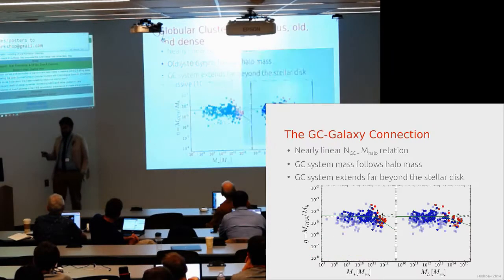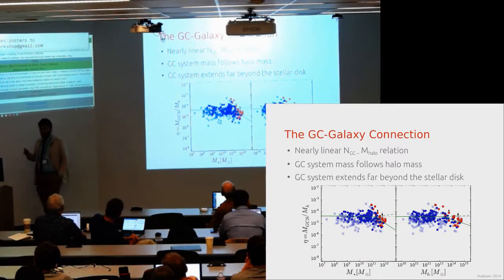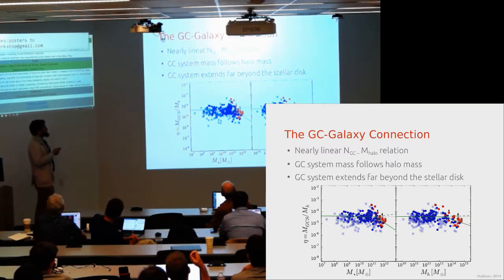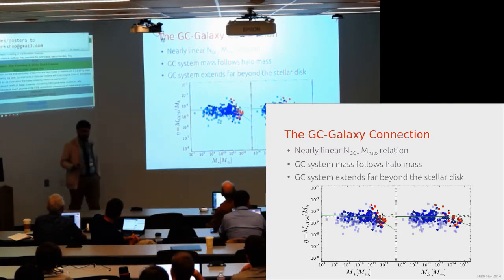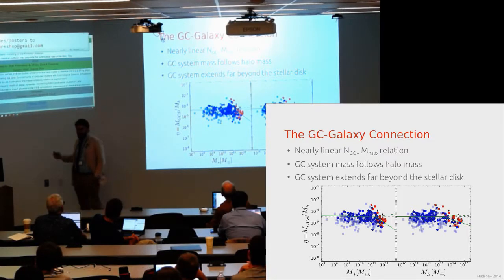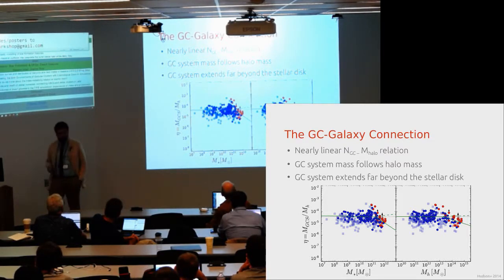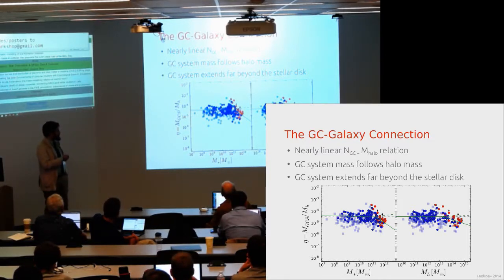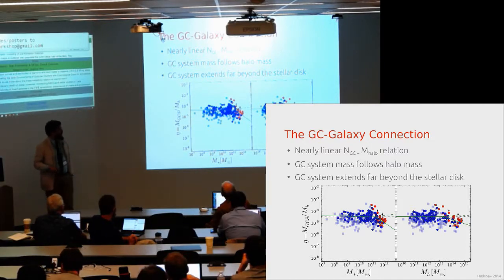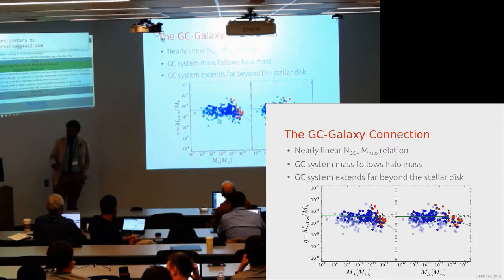And one of the reasons we really think that these might be critical tools for understanding galaxy assembly is that there seems to be a fairly tight correlation between the globular cluster systems we see within galaxies and properties of the halo that those globular cluster systems live in. For example, the number of globular clusters scales pretty linearly with either the halo mass or the stellar mass, as well as the total mass of that system.